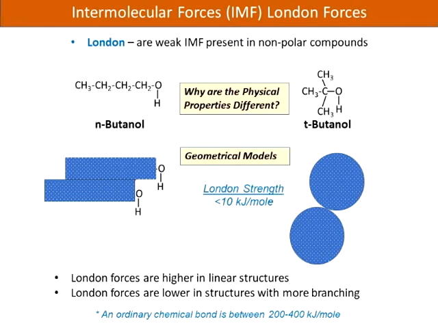In other words, spherical molecules like T-butanol will form more densely packed structures than rectangularly shaped structures for N-butanol. And higher packing density leads to higher melting point.